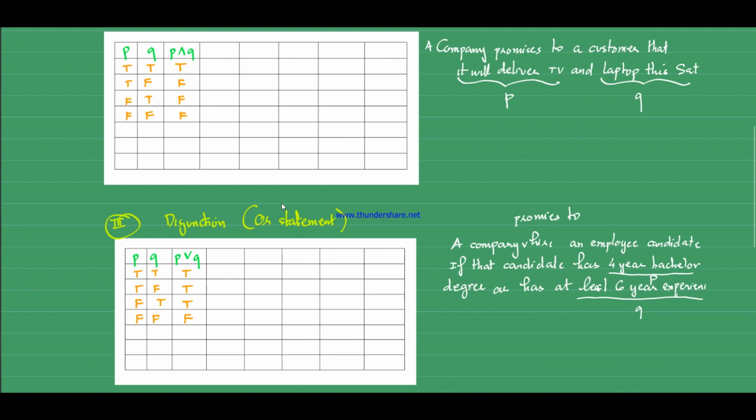All right. Now I'm going to give you the first example. Example number 1. Let's construct the truth table for a very simple symbolic statement right here.